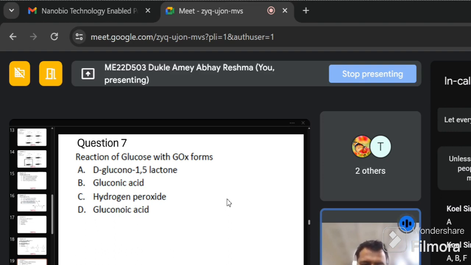We discussed this reaction last time as well. The glucose sensor has a platinum electrode at which the sensing actually occurs. Then there is a semi-permeable membrane, then there is glucose, and through capillary action the blood comes. Then there is a coating of glucose oxidase, then a semi-permeable membrane, and then the platinum electrode.